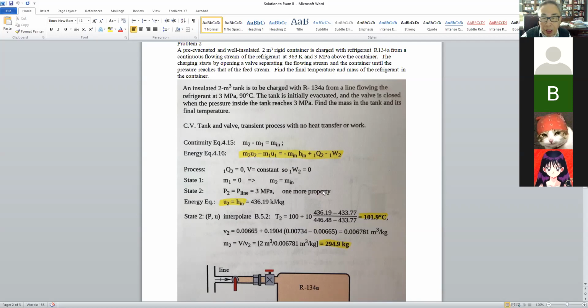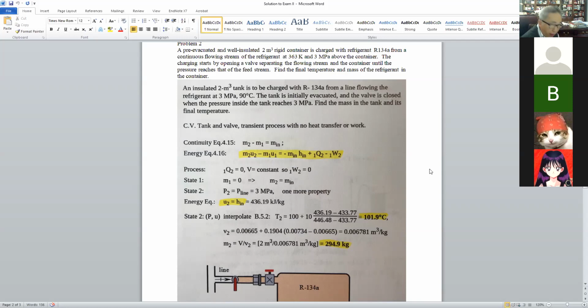Do you have the table with you? Do you want to do this exercise? Can you identify the table? Table B.5.1. B.5 is refrigerant 134a. I have the nice edition.